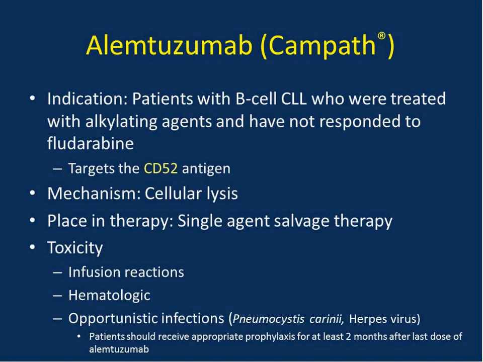The next agent that I'm going to talk about is alemtuzumab or Campath. And so you'll see this in patients with B-cell CLL who are not responding to therapy.